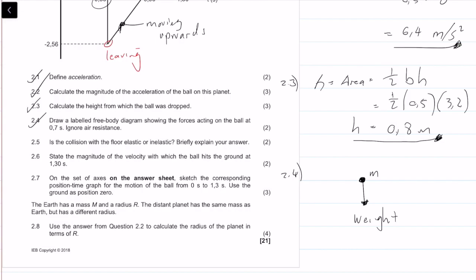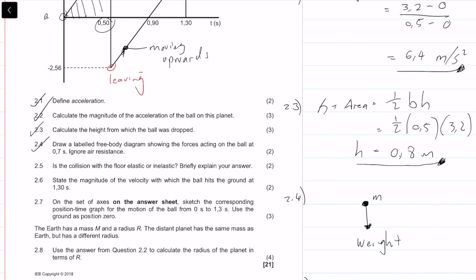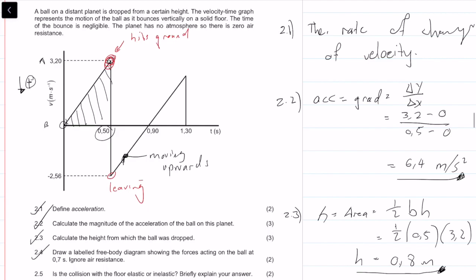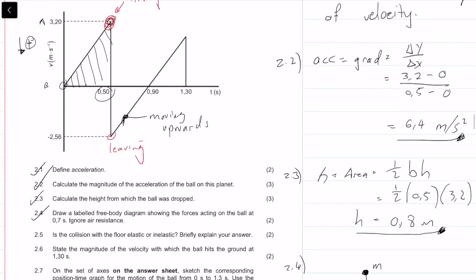Cool stuff. Okay, 2.5. The question here is, is the collision with the floor elastic or inelastic? So how are we going to determine whether it is elastic or inelastic? We know the area under this part of the graph here was 0.8 meters.